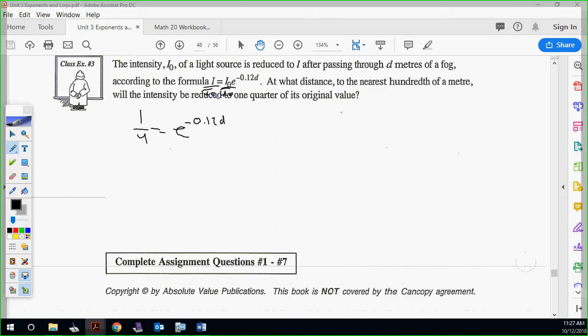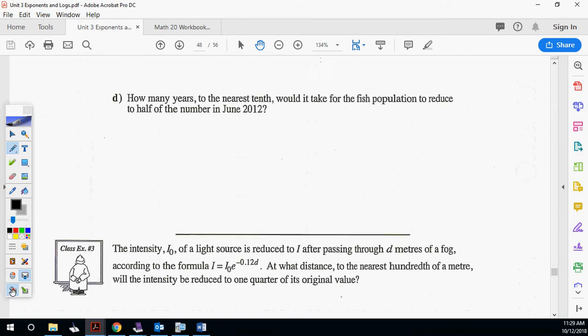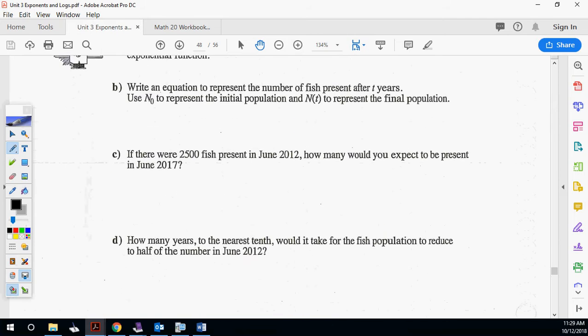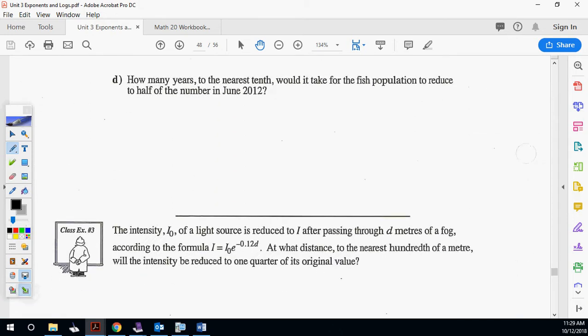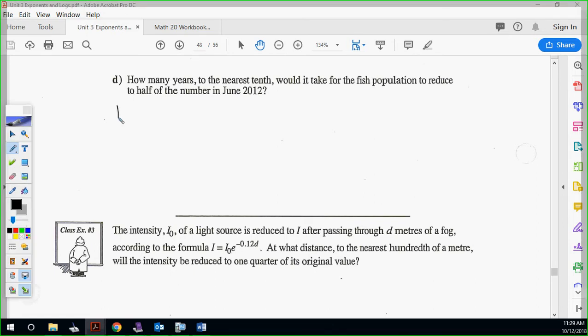Okay, so let's go back to the previous one real quick. We talked about over here, it says, when would you expect there to be half as much? Right here. So half as much was 1,250, remember? And 2,500 is how much we started with. So this stuff here, we don't need right now.